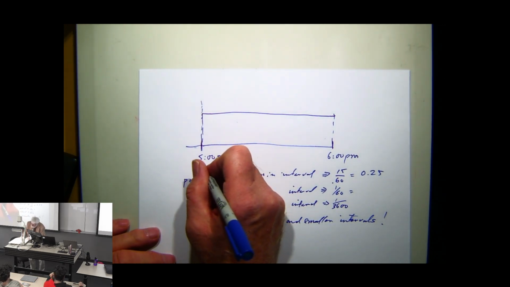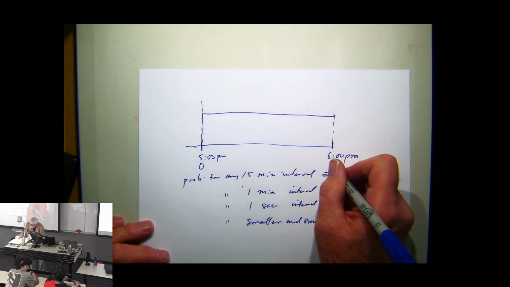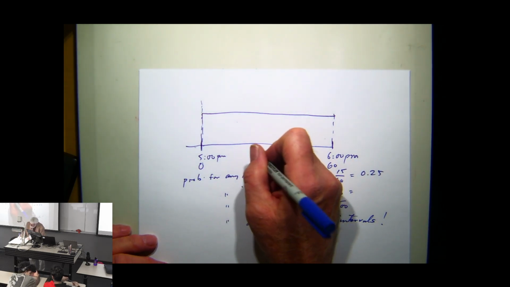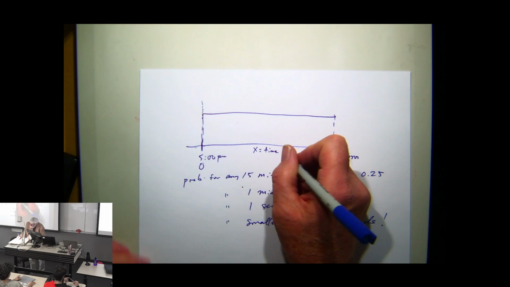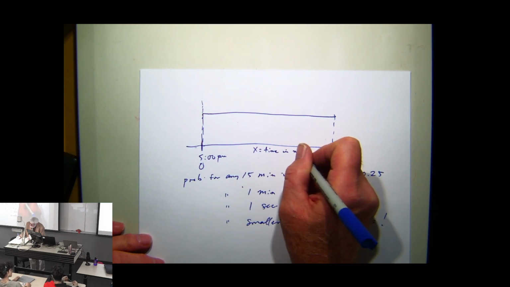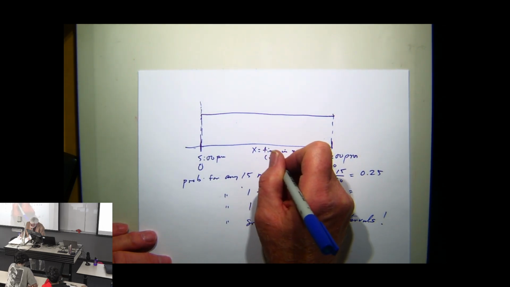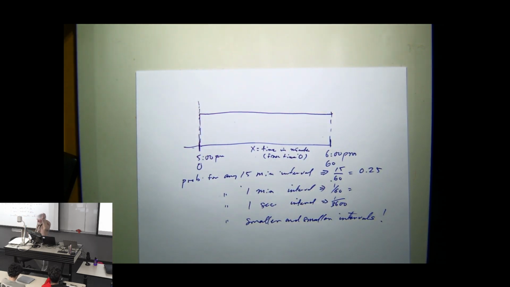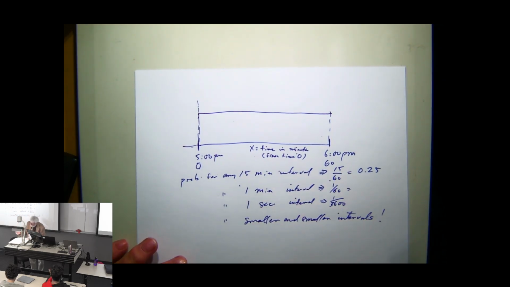I'm going to make this the 0 point, and I'm going to do it in minutes. I'm going to call this x equals time in minutes from time 0, in other words, from the start. And this length here is 60, 0 to 60.